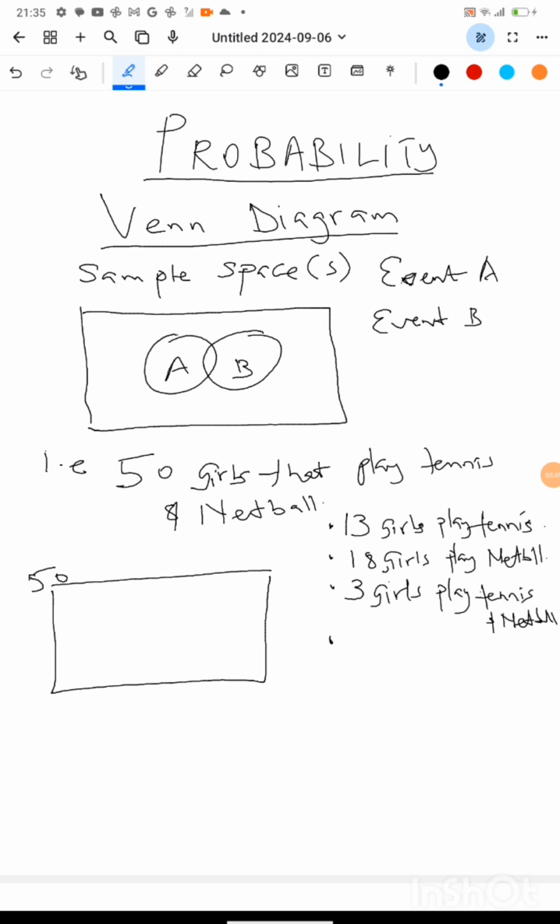Then let's say lastly, okay, let's stop there. Now because I have indicated that you either have event A and event B, tennis can either be your event A and netball will be your event B. So now you're gonna go in and draw event A, which is tennis.